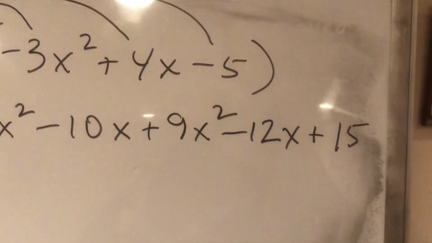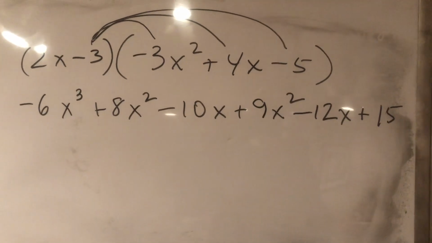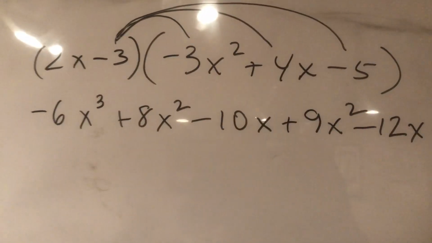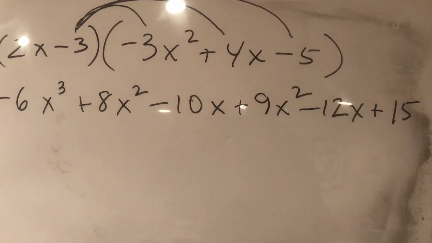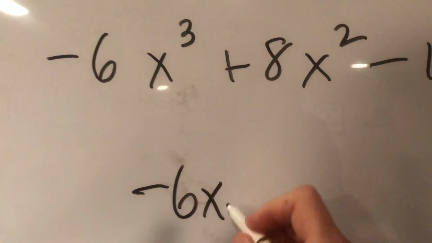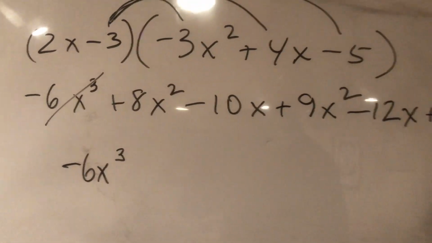Okay, next we're going to combine like terms. So when you look at our answer, we have 6 terms, and we have to try to find the things that are in like terms. Well, there's nothing else in this string that has an x cubed, is there? So we're just going to write that down. Negative 6x to the third. That's done. Why don't we cross that out?